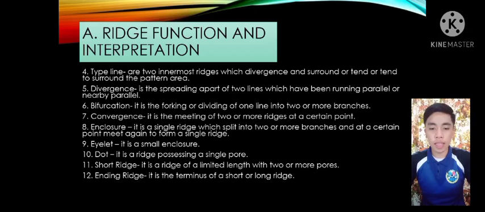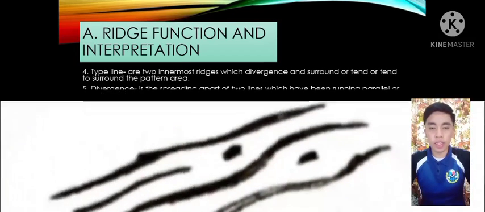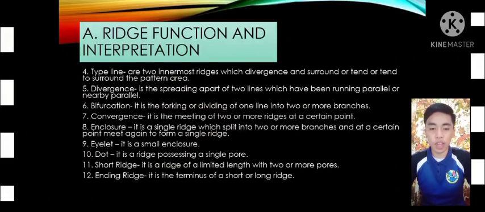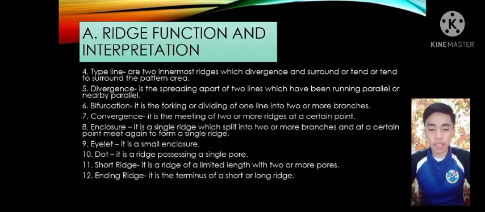Dot. It is a ridge possessing a single pore. Example kanang ridge nga belong to one single pore. Short ridge. It's a ridge of a limited length with two or more pores.